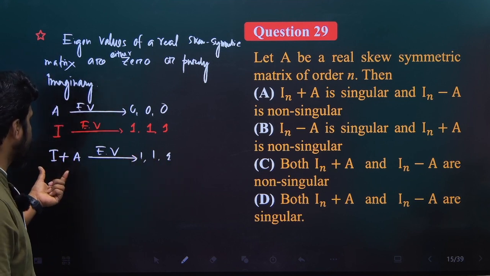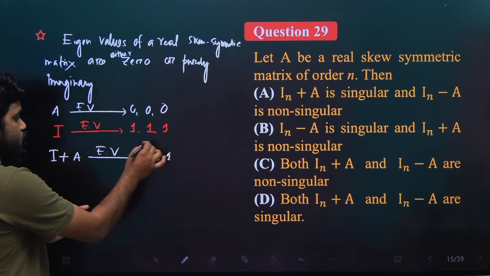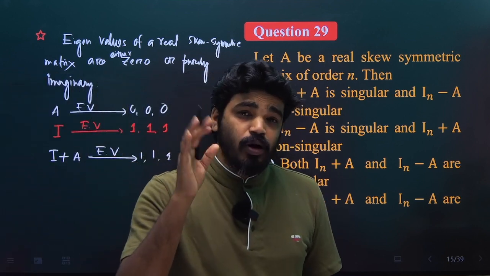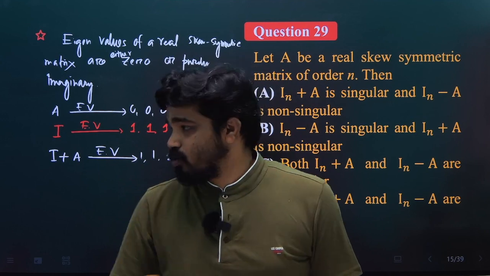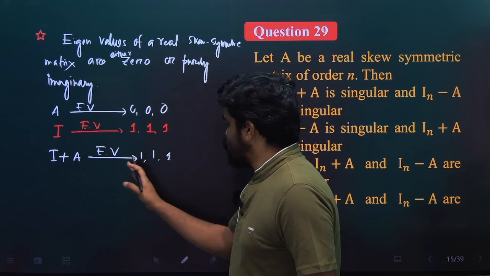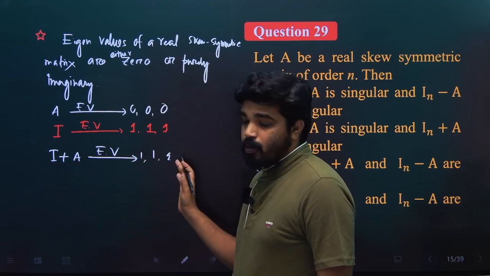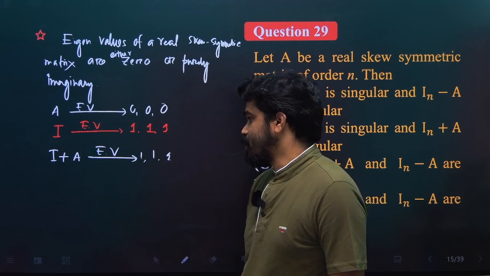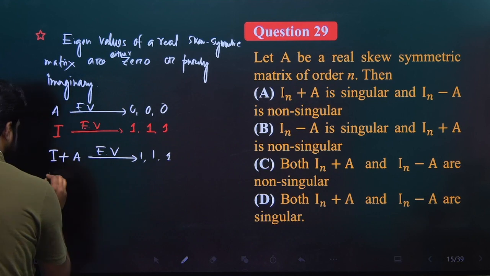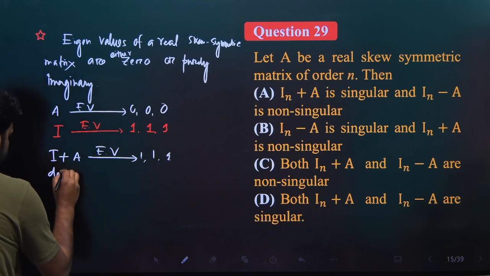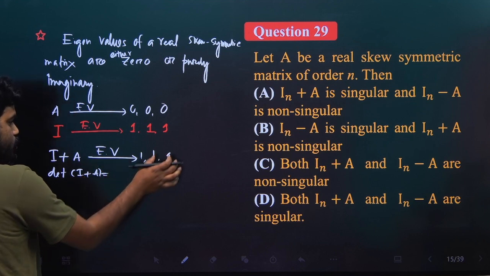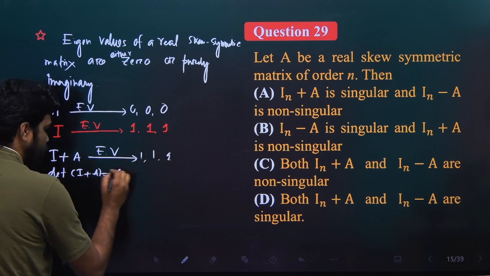So what will I plus A be? The determinant of I plus A is non-singular. See, if 0 is an eigenvalue then it is singular, otherwise it is non-singular. The eigenvalues of I plus A are all non-zero, so I plus A must be non-singular, right? From this we can conclude that the determinant of I plus A is the product of the eigenvalues, that is 1.